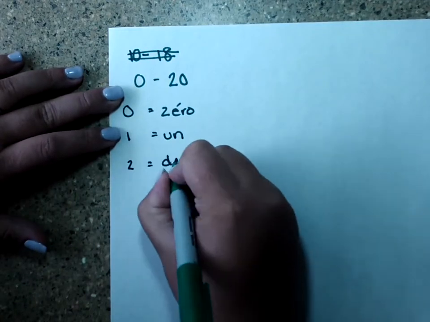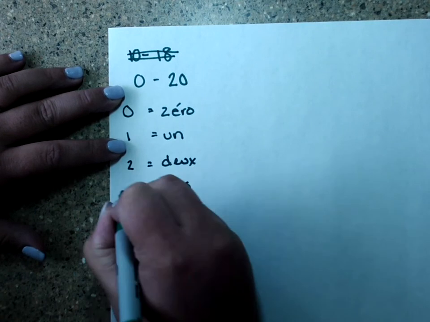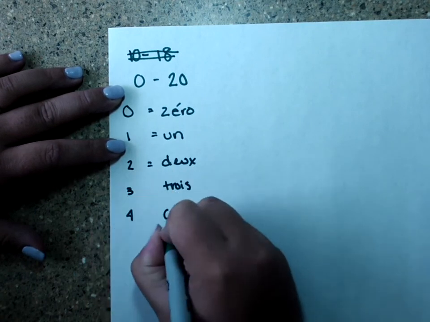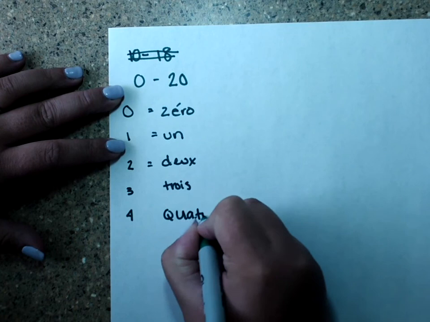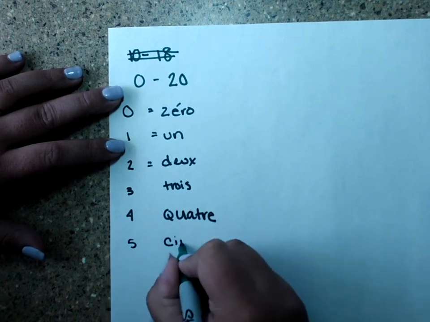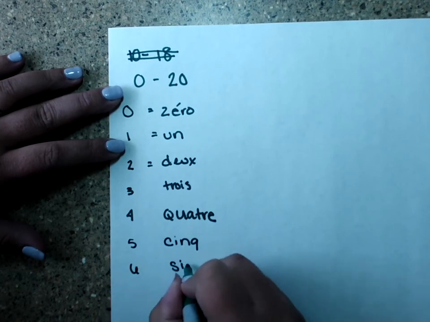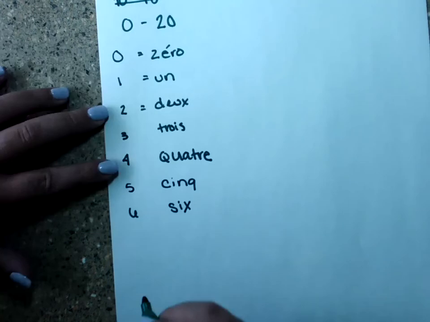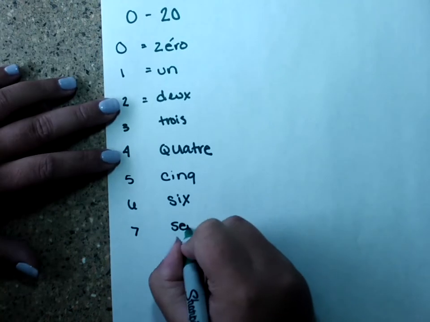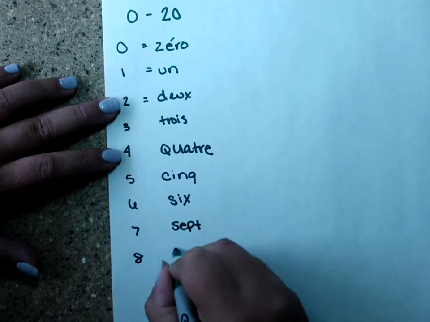2 is 2. Then we have 3, 4, 5, like cinq. This one's pretty easy. 6, 7, like set. 8.